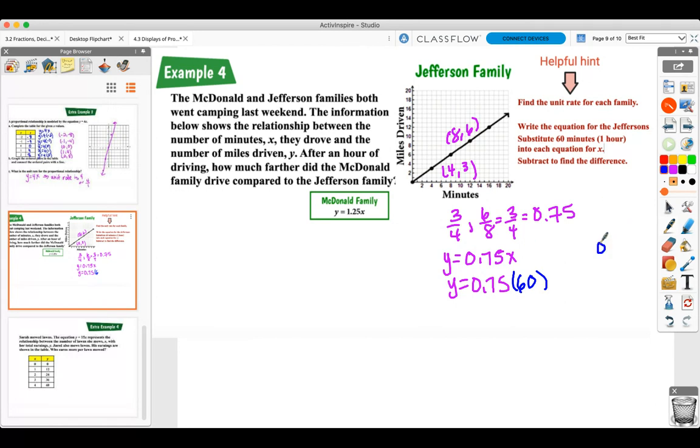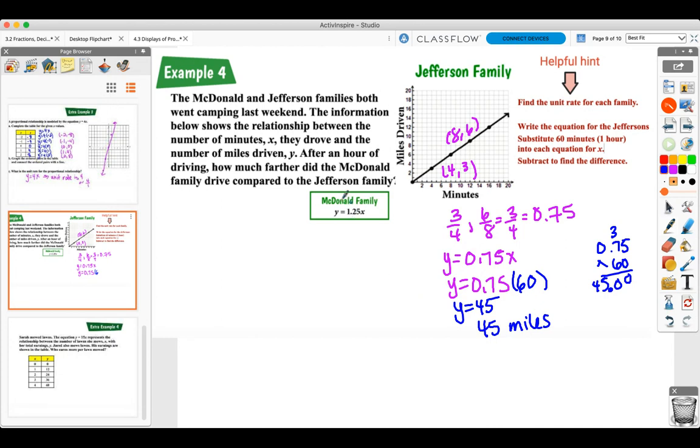I'm going to do the long multiplication here. 6 times 7 is 42, plus 3 is 45, and this has 2 decimal places, so y equals 45 miles.